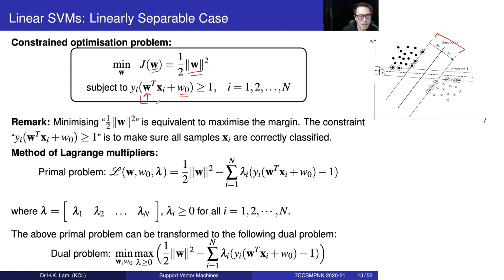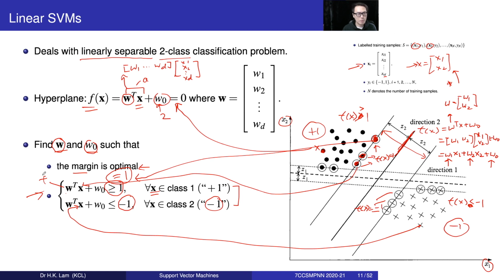Now this condition: yi times this f(x) greater than or equal to 1. We are going to use this condition to cover two cases, +1 and -1. According to what we have done before, the +1 samples will always give us a value greater than 1, and -1 will always give us a negative value.